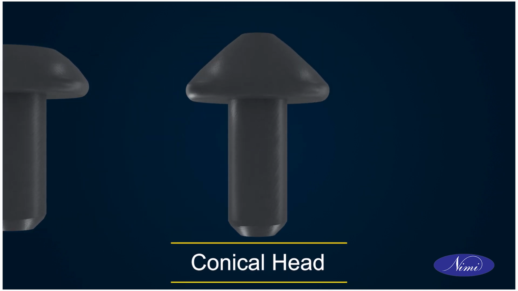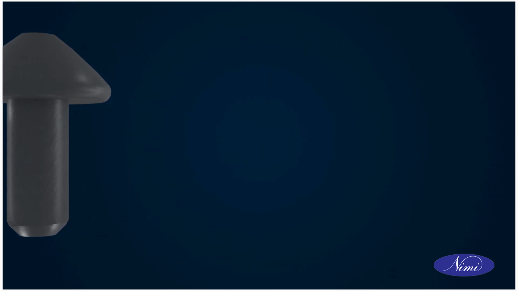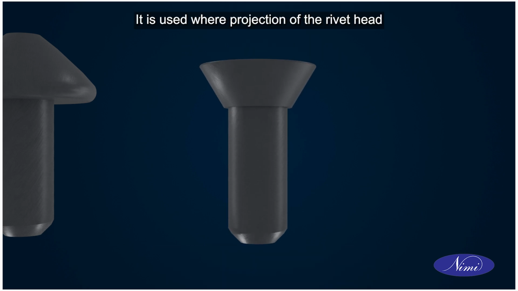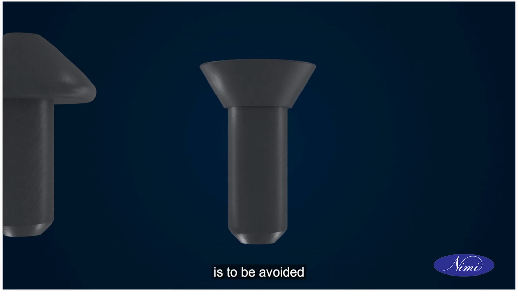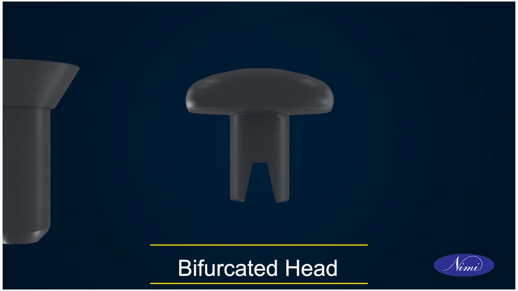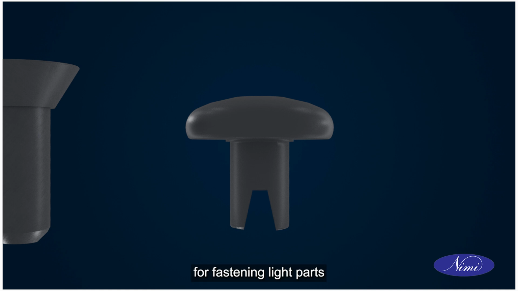Conical head. It is used in light assembly where the riveting is done by hand hammering. Countersunk head. It is used where projection of the rivet head is to be avoided. Bifurcated head. This type of rivet is used for fastening light parts, for example, tin plates, leather, plastics, etc.